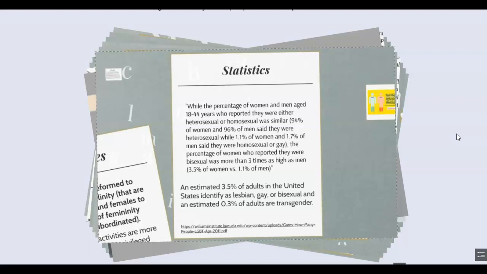An estimated 3.5% of adults in the United States identify as lesbian, gay, or bisexual, and an estimated 0.3% of adults as transgender. All right, so you have a larger percentage of people identifying as heterosexual, but when it comes to how many people report being out or being bisexual, the number is 3 times more likely for women to report this than men. And it's not necessarily that it doesn't happen, it's more about who's reporting it and who's admitting it.